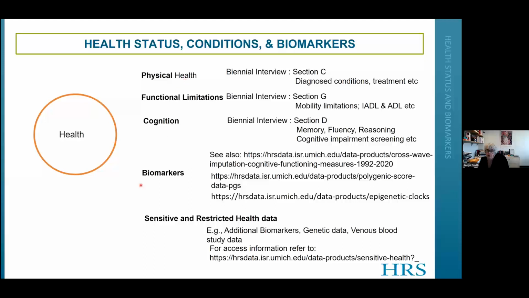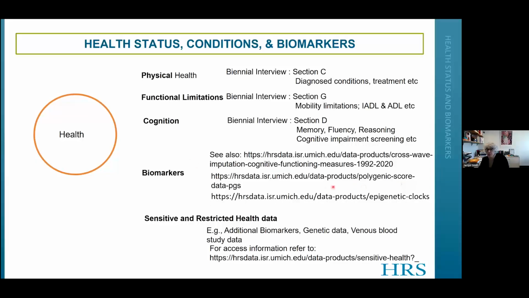These are all in the public data. These biomarkers are also in the public data. It's a sort of imputed cognitive functioning measure so that you don't have to calculate them all yourself. And that will give you different levels of normal cognitive functioning, moving into some sort of cognitive impairment versus suspected dementia.